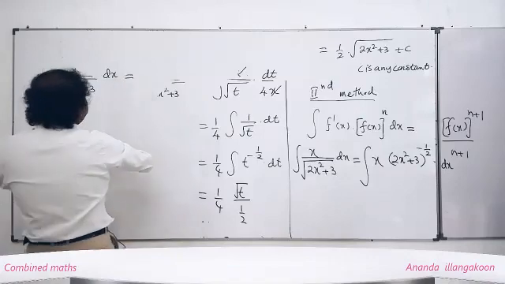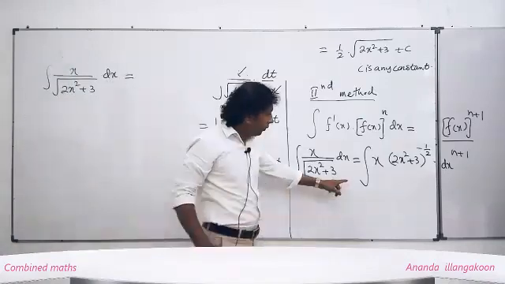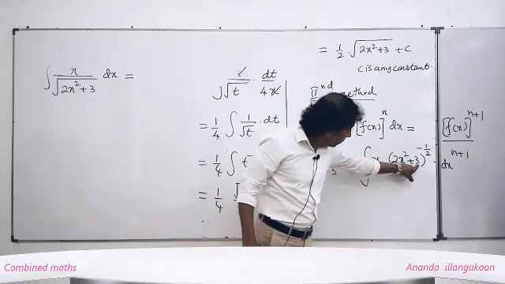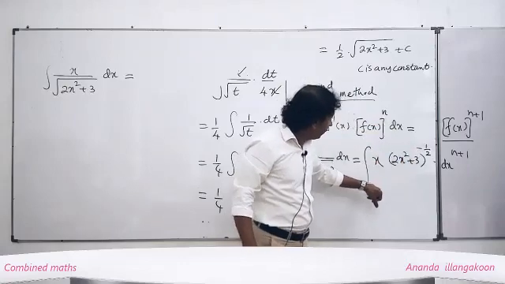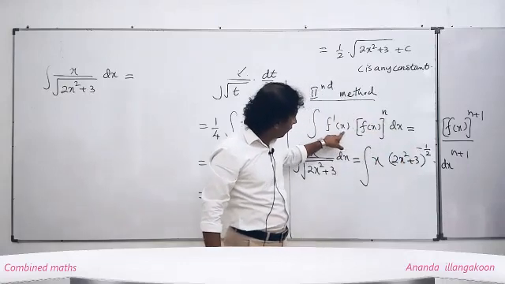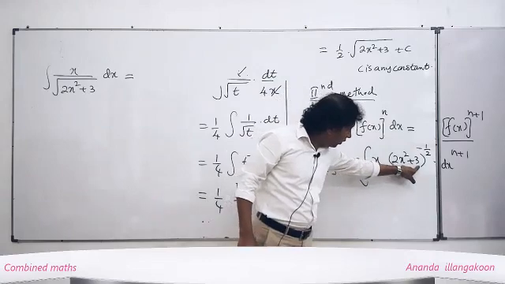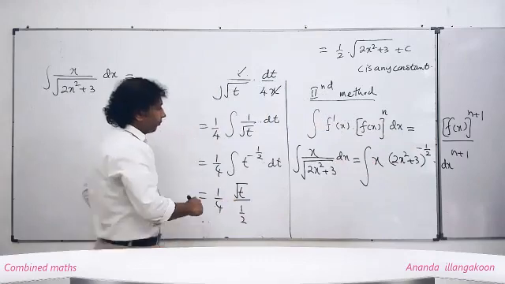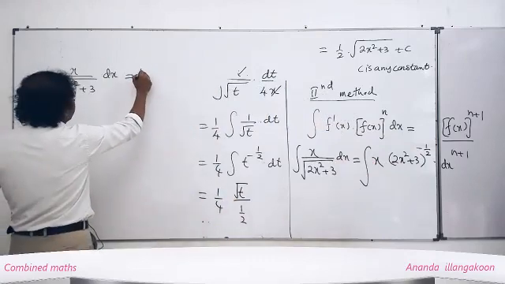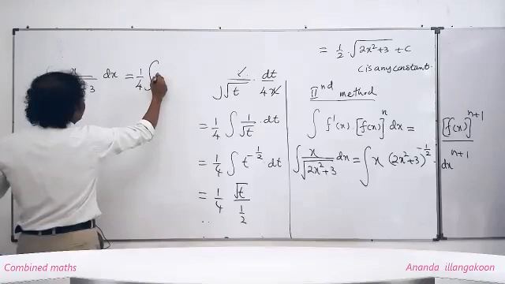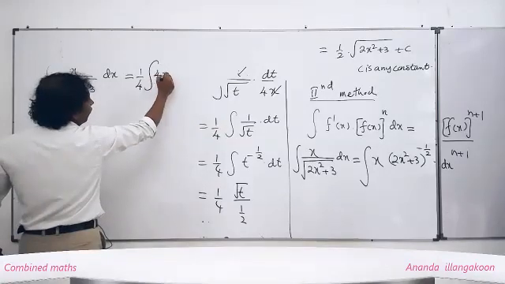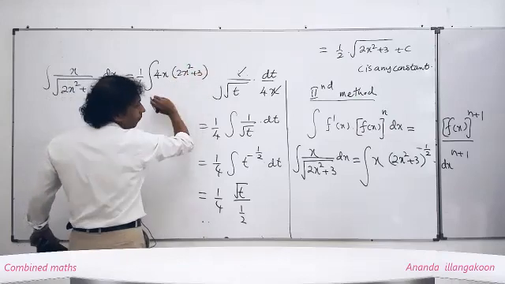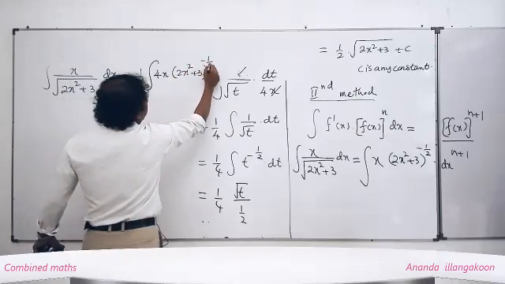Here the function f x, I am going to consider as this, and n is minus half. For the function f x we should have its derivative. The derivative of this part is 4x, so I multiply by 4 and divide by 4, like this.